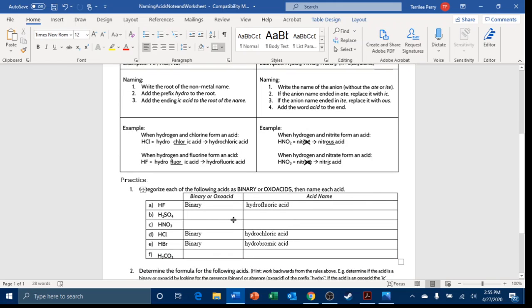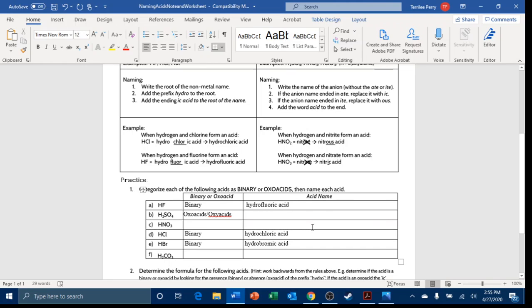All right, so let's take one as an example. We know that these are oxoacids because they have oxygen. You might also see oxyacids. Okay, that's the same thing if you see it somewhere else. Okay, so we're not going to say hydro because there's a hydrogen there.